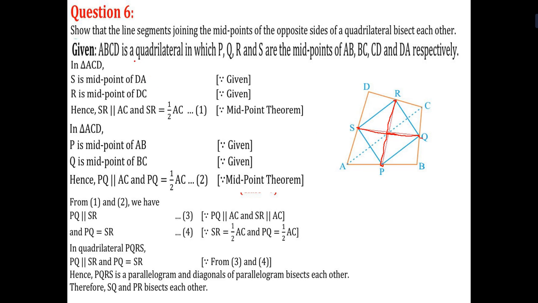So first of all, ABCD is a quadrilateral, P, Q, R, S are the midpoints. So according to the midpoint theorem, we can take one easy triangle, ACD. First we have to remove everything and then we draw ACD.